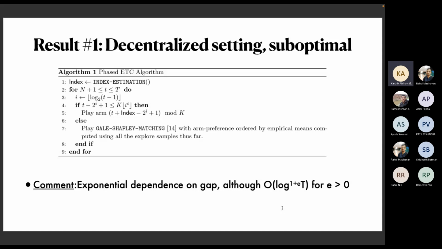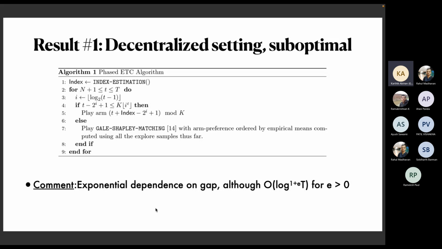And this algorithm is actually fairly simple. You just divide your time steps into a number of phases, and you can coordinate what a new phase would look like. In this case, we've chosen an epsilon, and you have two steps.